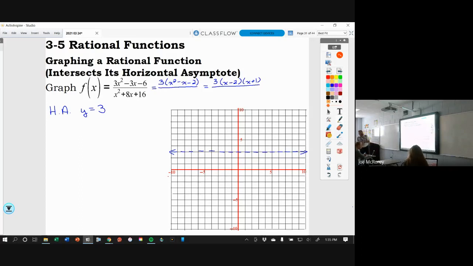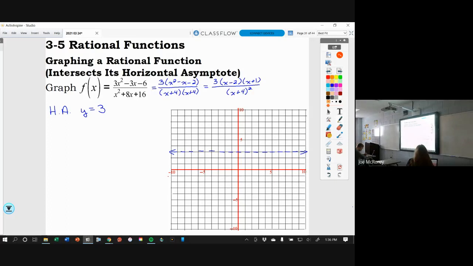How about the denominator? Two numbers that multiply together to get 16, but when you add them together, you get 8. 4 and 4. So x plus 4, x plus 4, or we can be lazy and call that x plus 4 squared. Okay, so we now have completely factored the numerator and the denominator.